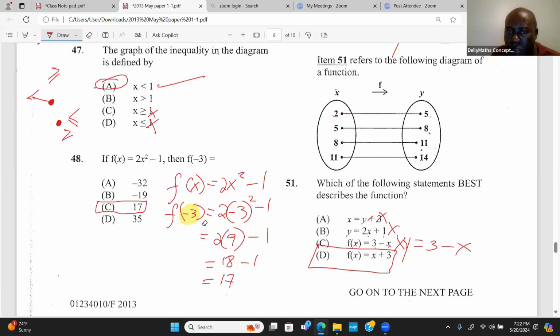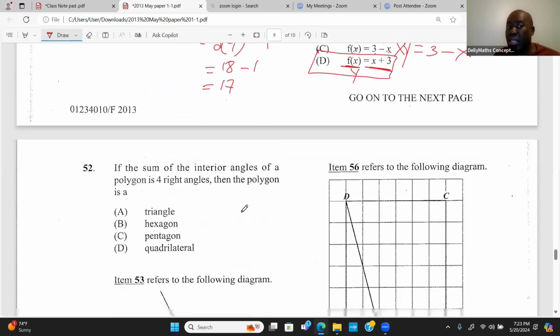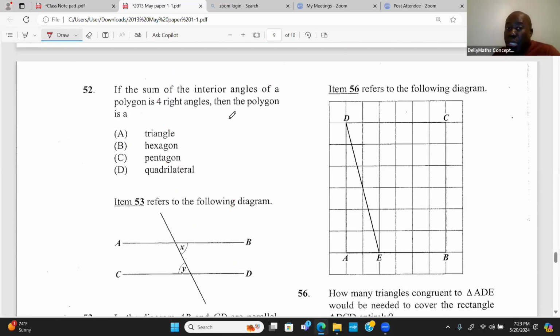X plus 3, so 2 plus 3, 5. 5 plus 3, 8. 8 plus 3, 11. 11 plus 3, 14. So X plus 3 gives you f of x. F of x means Y. Everybody see that? So you can easily just navigate and go through. Remember, this is a straight multiple choice question, and if you're feeling comfortable with this, you're good.